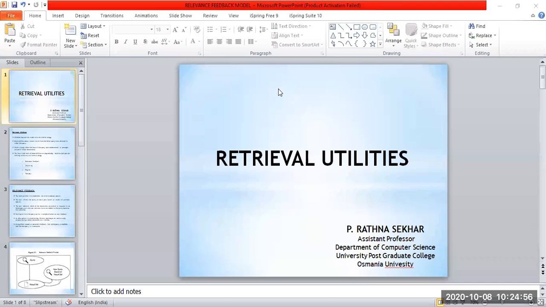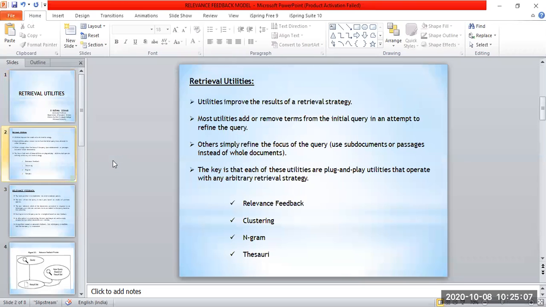In today's class, we'll discuss one of the retrieval utilities we have. In the previous class, we discussed one of the retrieval utilities, that is the relevance feedback utility.